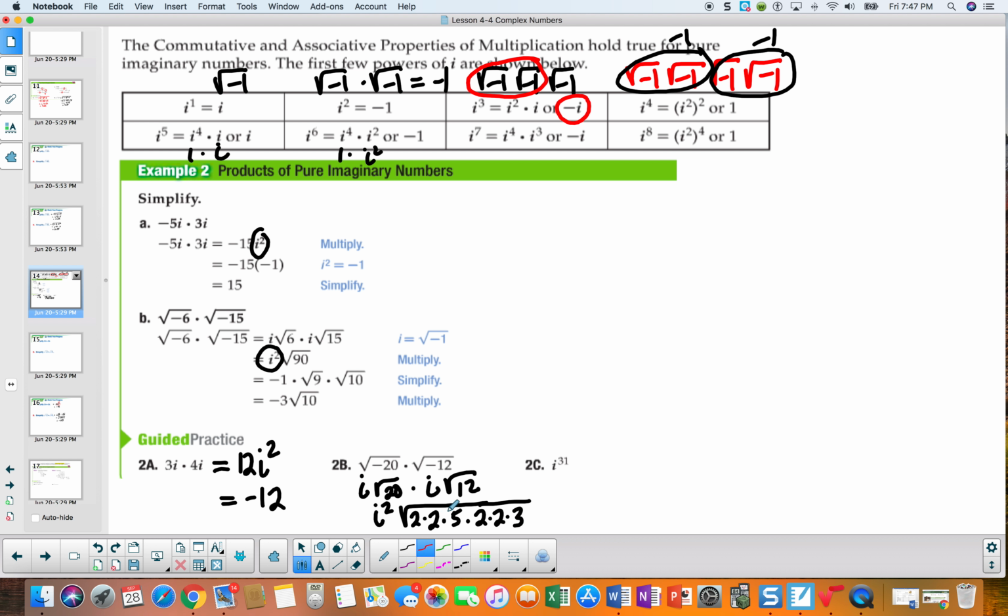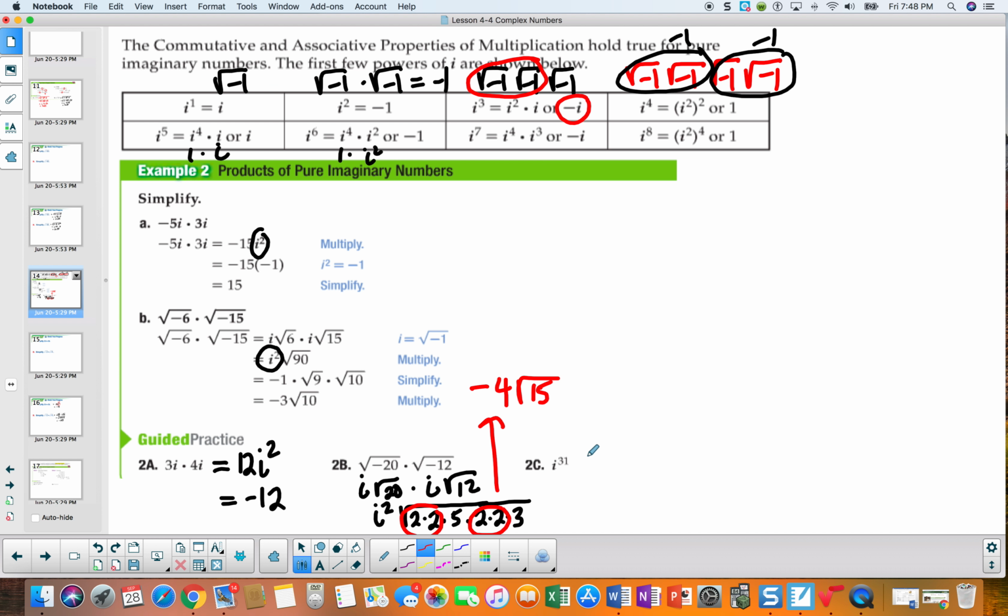So I can see I'm going to be able to pull out an even number of pairs, I have them here and here. So that is the number 16. So I can rewrite it. I squared is negative, and then this is 16, so that's going to be a 4, and then everything else has to stay in the square root, so that'll be 15 right here.